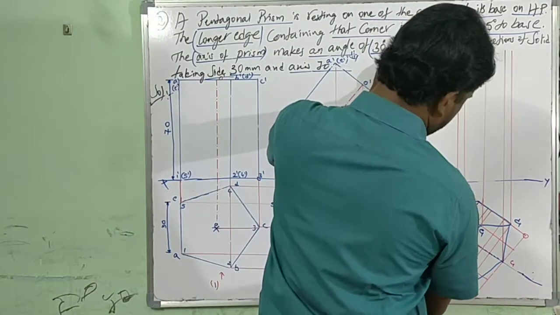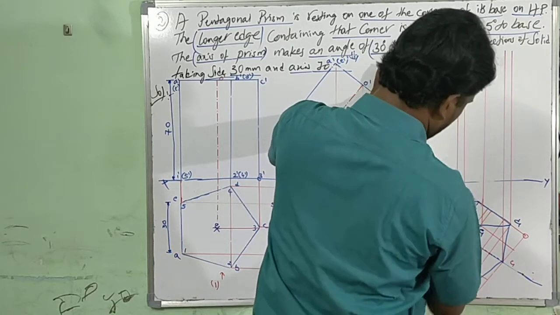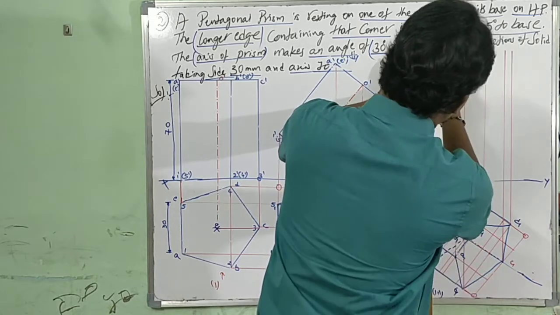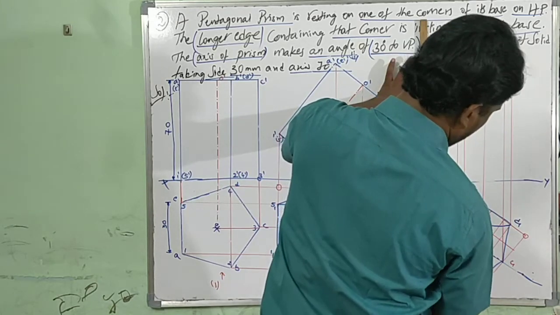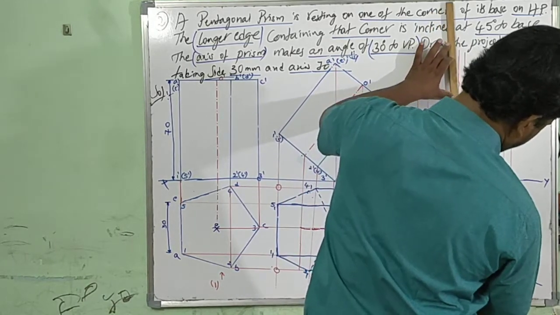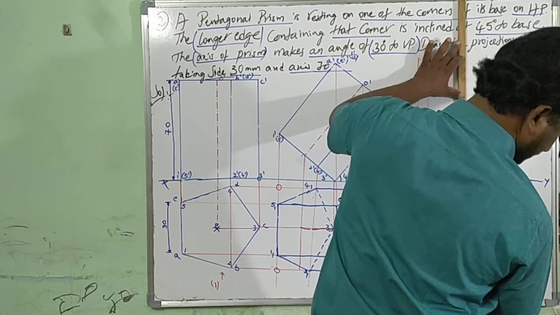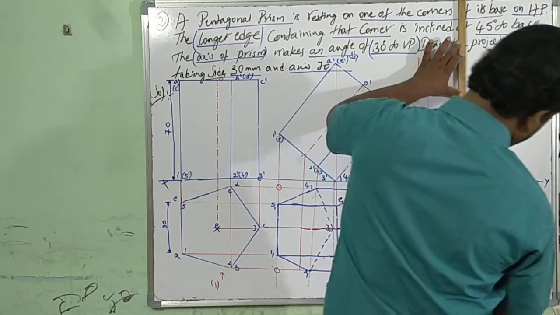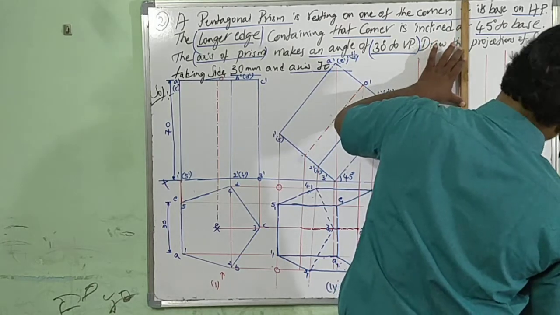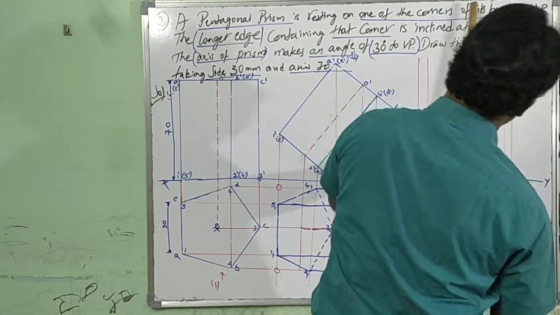Now from the bottom base, 1, 1, 2, 1, 3, 1.